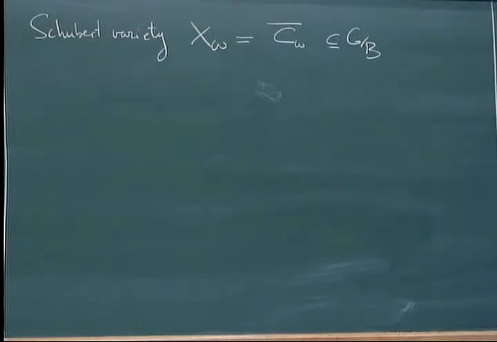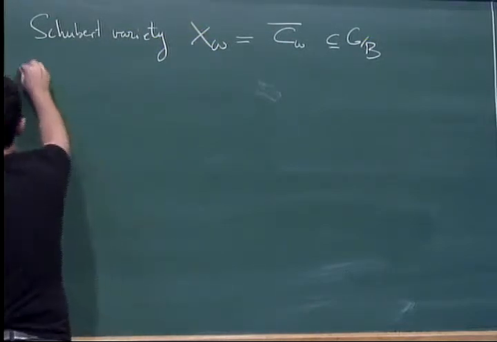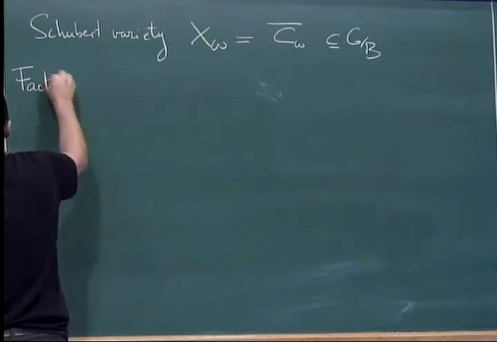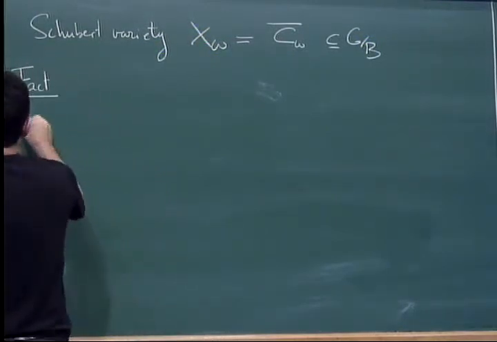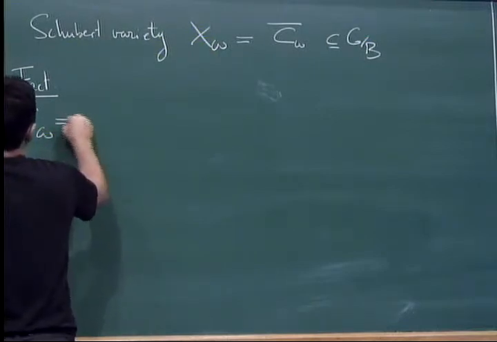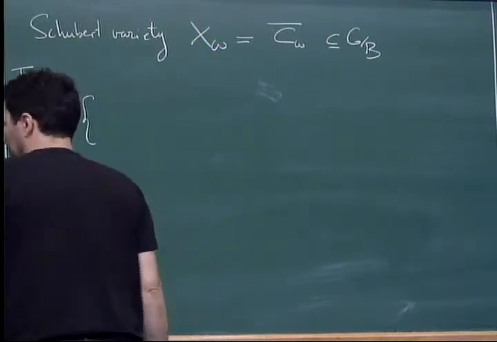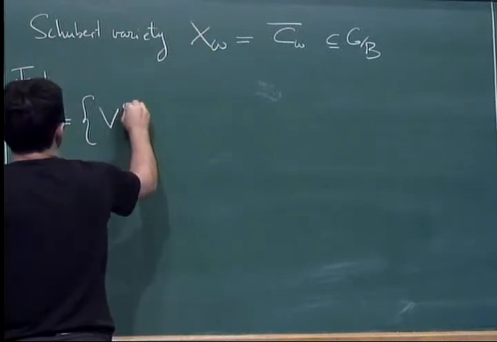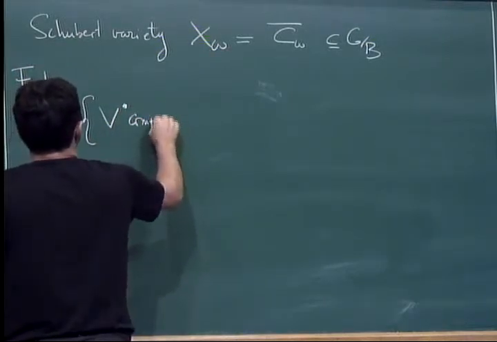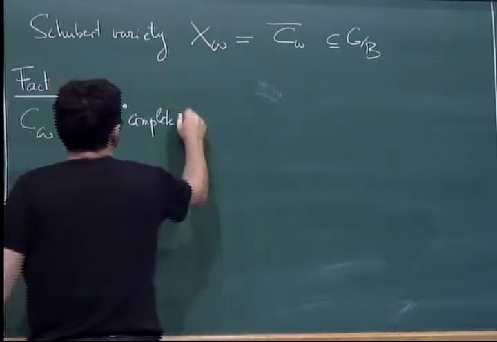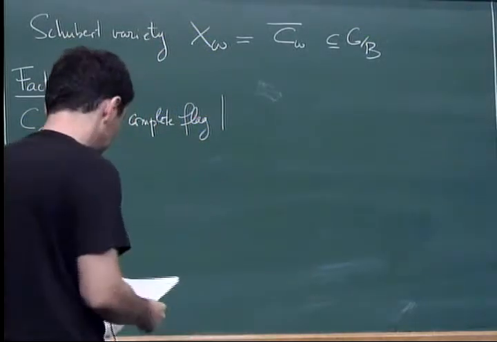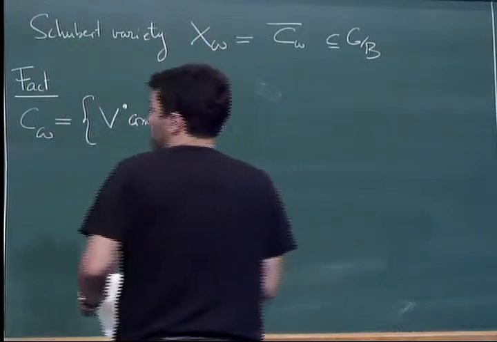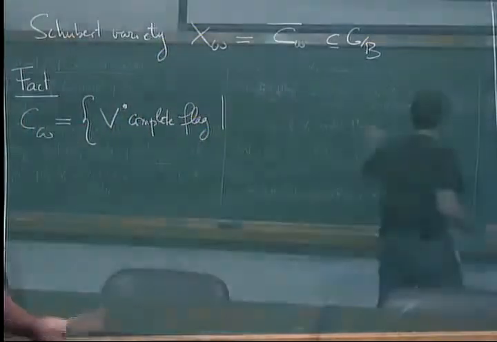So let's say, again, in a more concrete way, C_omega can be described as follows. So this is a set of complete flags such that we get some condition on the intersection of the flag with the standard one.